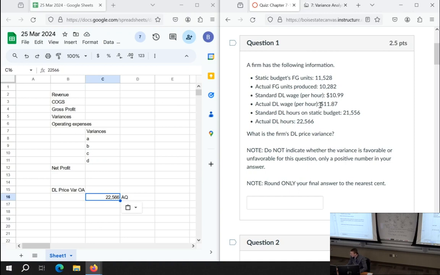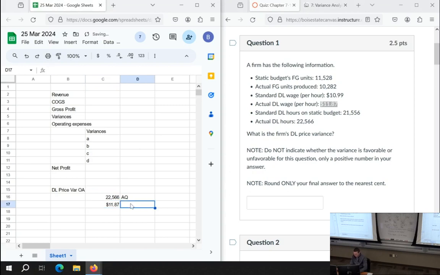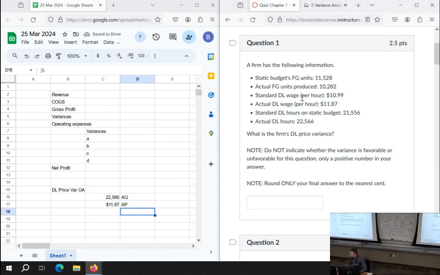Actual price is right here. Price, when you're talking about somebody's time, is often called a wage, synonymous. Be comfortable using those the same way. And right there, standard price.